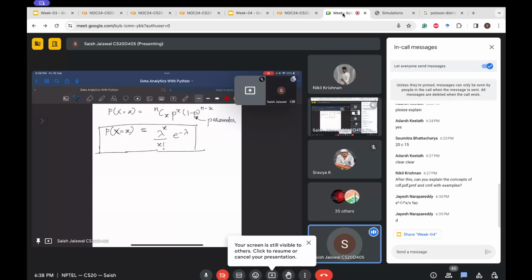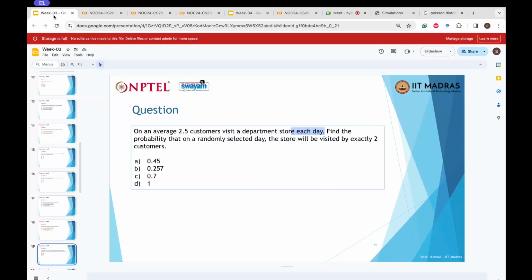So the data that was given was lambda was 2.5 customers per day, and we were asked to find probability of exactly 2 customers visiting in that day. So the question was, let me just paste this question over here in chat.